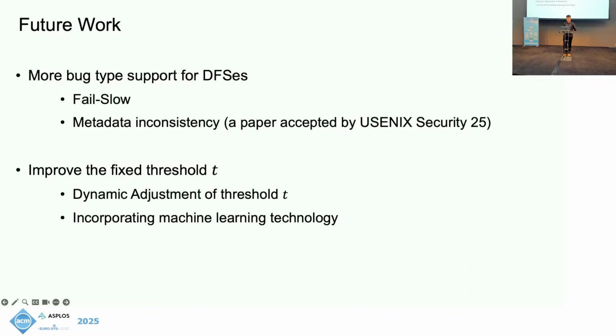For the second part of our future work, we want to improve the setting of the threshold T, because this may influence the false positive rate. We want to dynamically adjust the threshold and use some machine learning technology to set the threshold more properly.